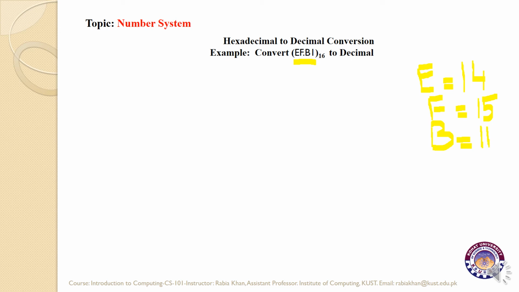Since 11, 14 and 15 are not valid representations in a hexadecimal number, instead of them they have been substituted by alphabets. So B is for 11, E is for 14 and F is for 15.